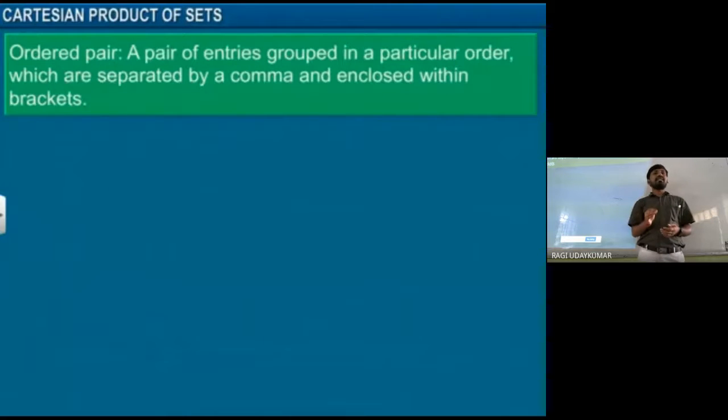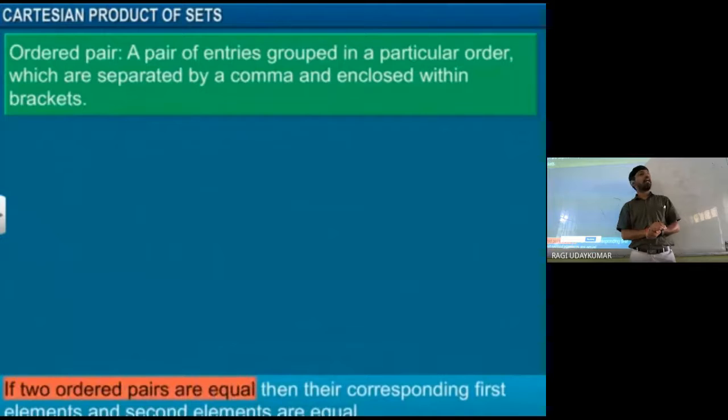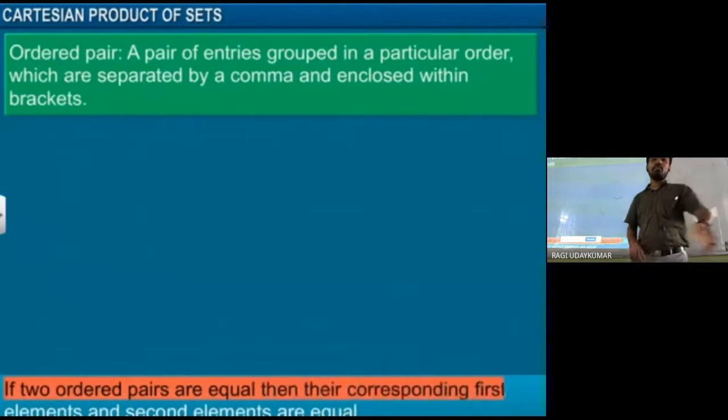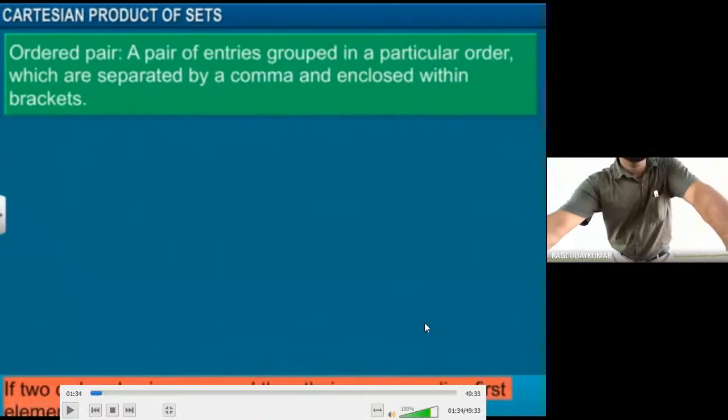So an ordered pair is nothing but a pair of entries grouped in a particular order, separated by a comma and enclosed in brackets.